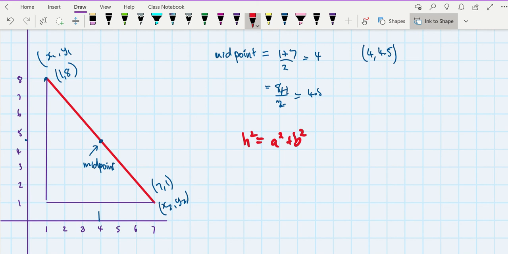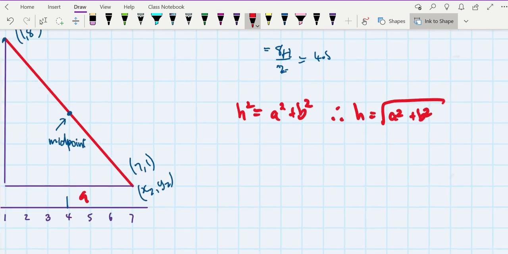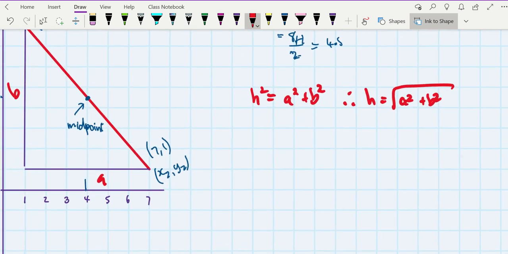This is just written in a Cartesian plane format then. So we're just going to have to find the length of side A and the length of side B. We're going to play around with this formula a little bit. So the hypotenuse in this case equals the square root of A squared plus B squared. Now let's say this is side A and this is side B. We're just going to have to find the rise and the run.